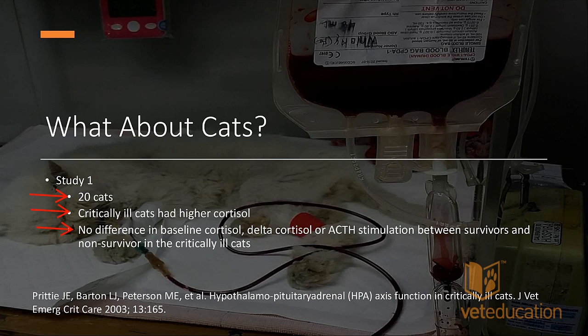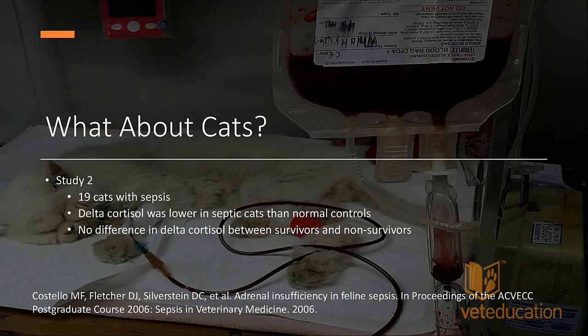But this is one of the evidence that we have in cats, that it didn't appear in these 20 critically ill cats. There was no difference in baseline cortisol or the change in cortisol secondary to ACTH stimulation between survivors and non-survivors. Second study with 19 cats with sepsis, the change in cortisol concentration was lower in sepsis than in normal controls.